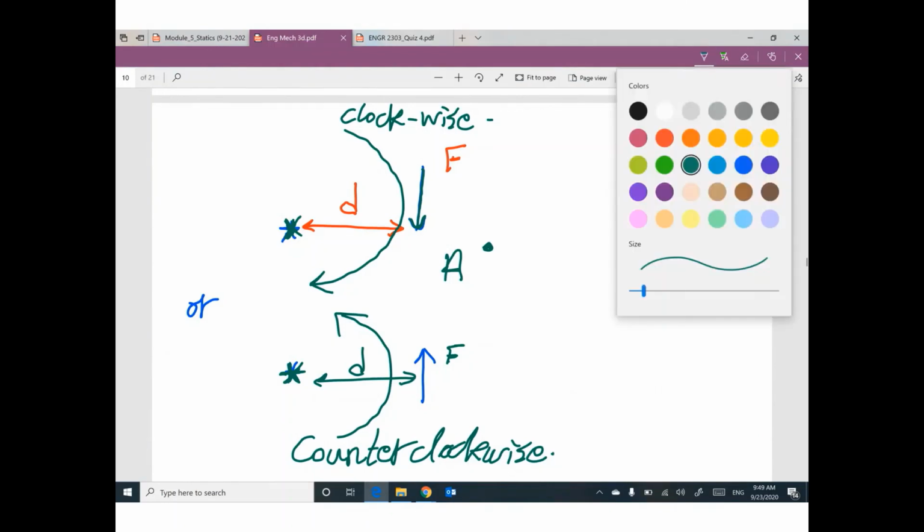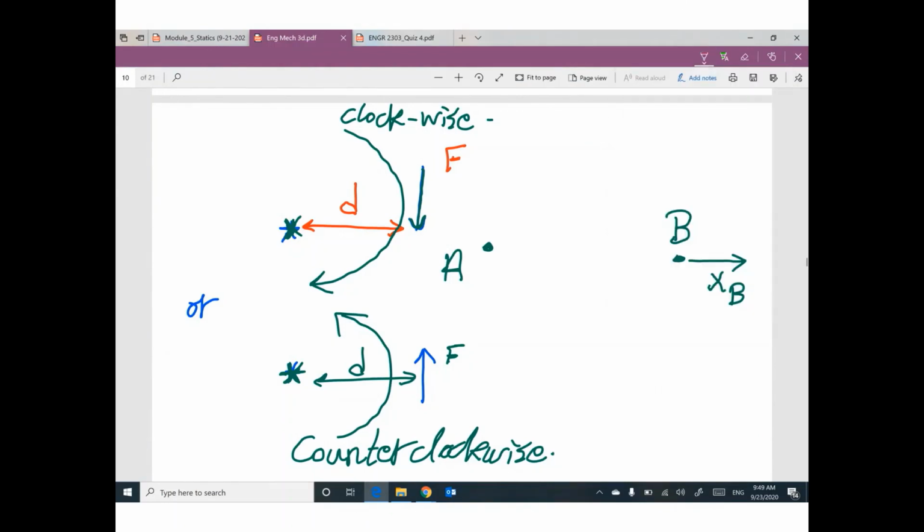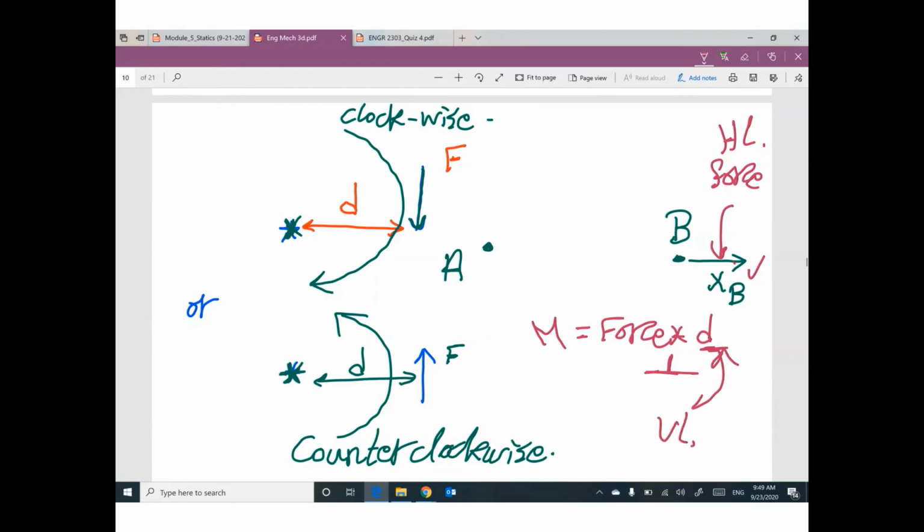Yes, I'm right. Why? Because your force is a horizontal force. If you are looking for moment, your force and your distance must be perpendicular. So right now, your force is horizontal, so your distance must be vertical to make this perpendicular shape.